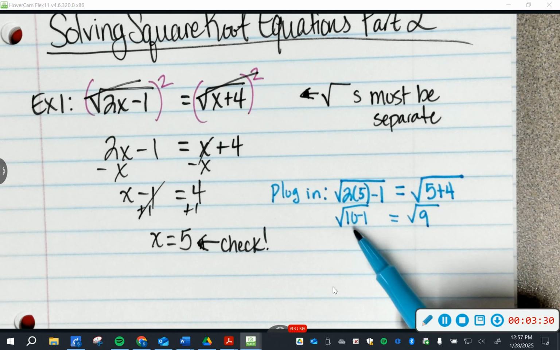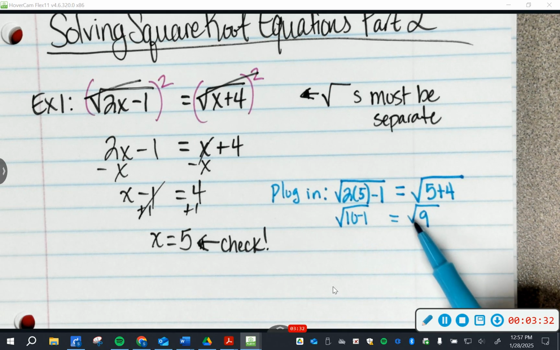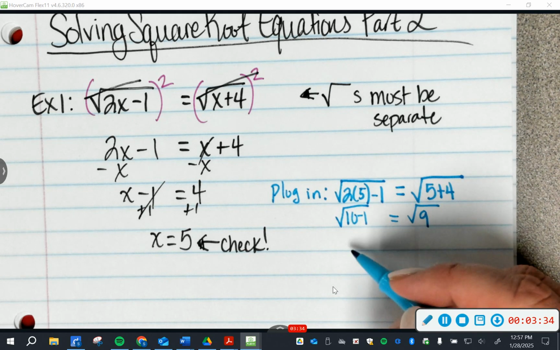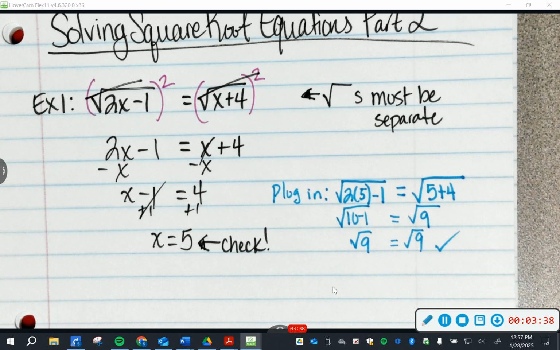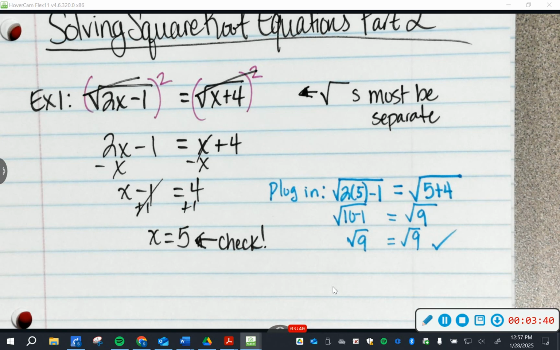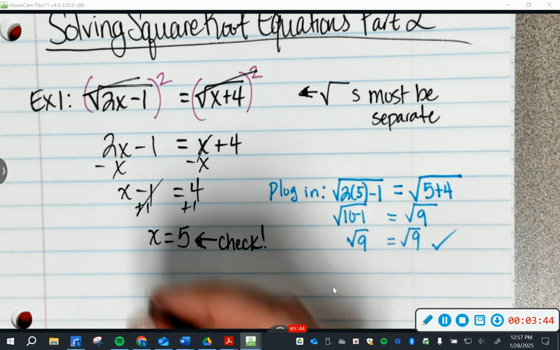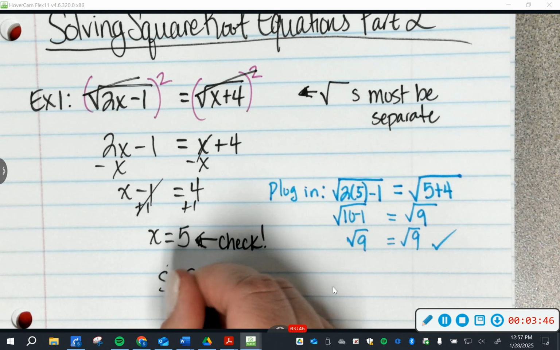So is the square root of 10 minus 1 equal to the square root of 9? Yeah. They're the same. I could go further and say that they're 3. Okay? So that means that 5 is not extraneous. It is a solution. So it gets to go in the solution set.